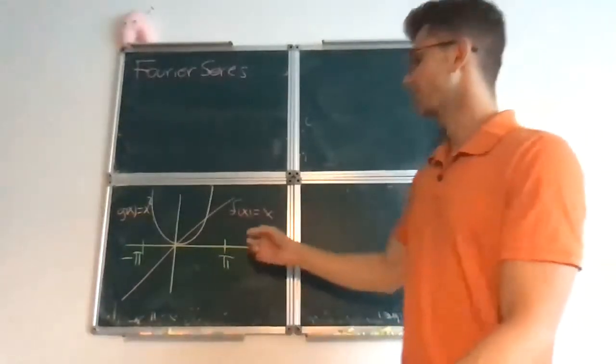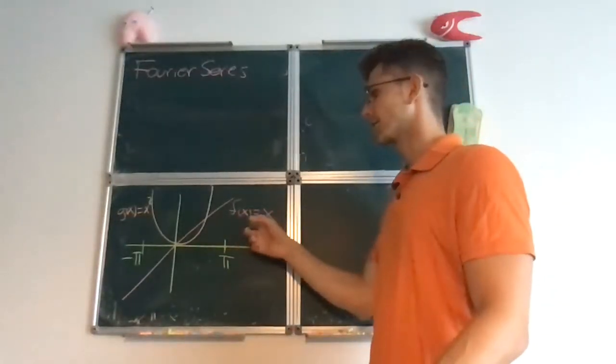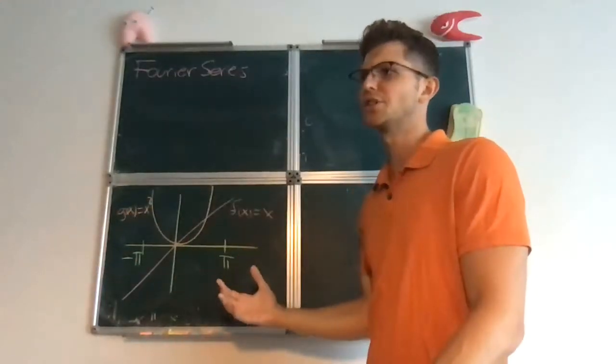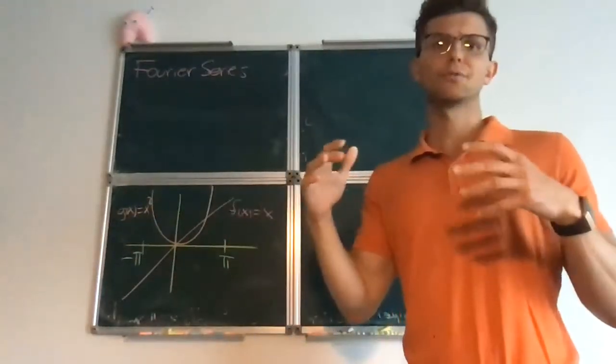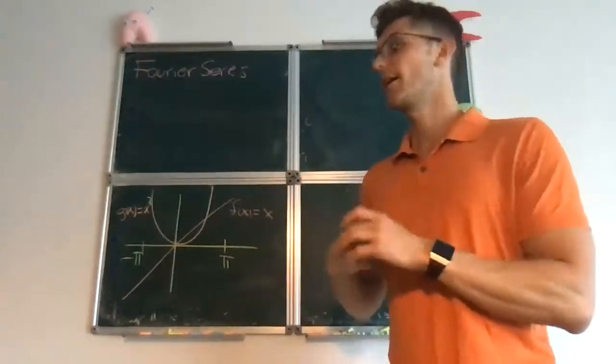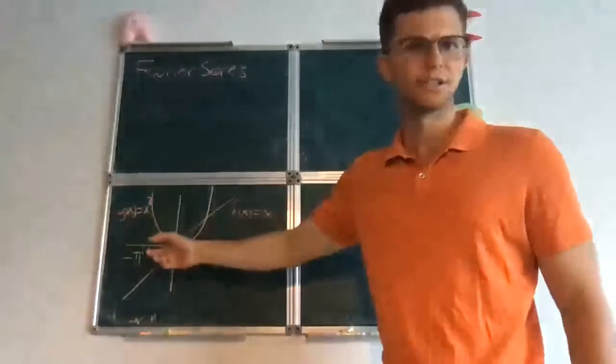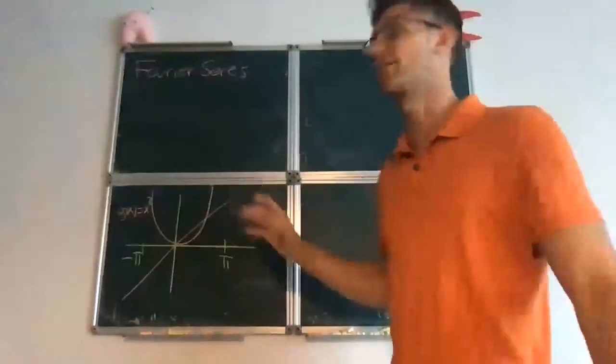So when you have functions like f of x equals x or g of x equals x squared, you get these two functions. You can think of them as actual mathematical entities, so the function itself becomes a single object, not like a collection of points. Think of the function as the entire curve.